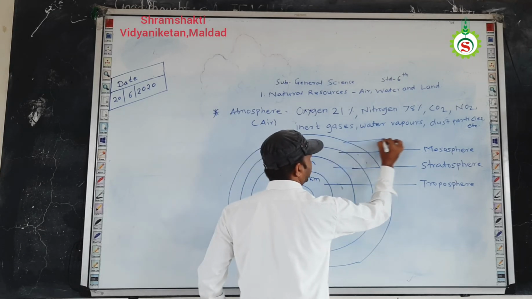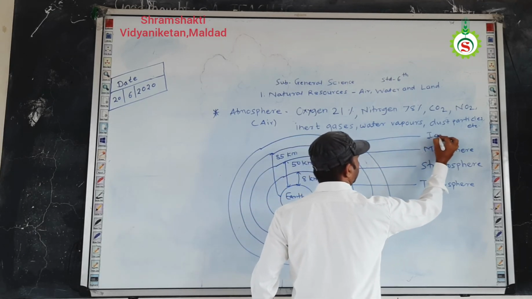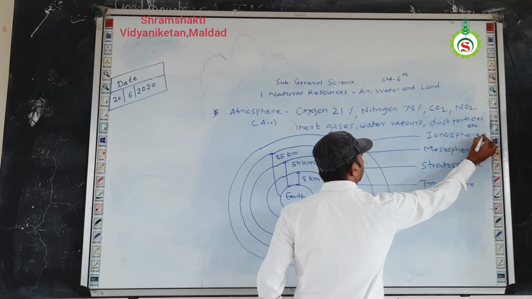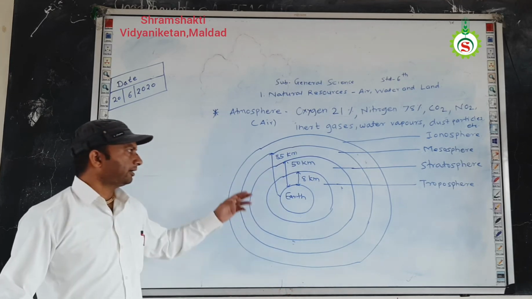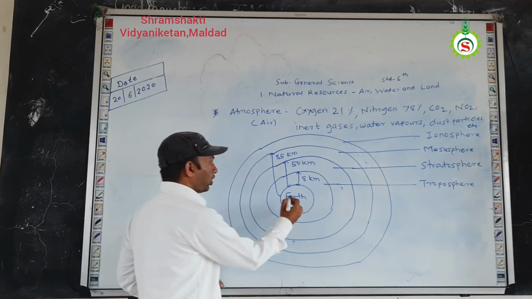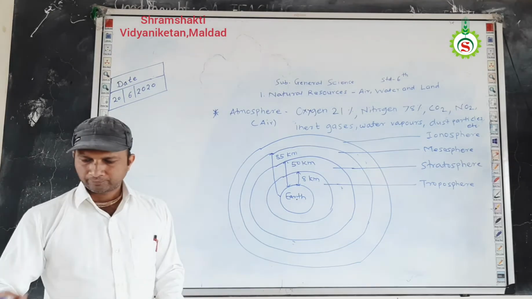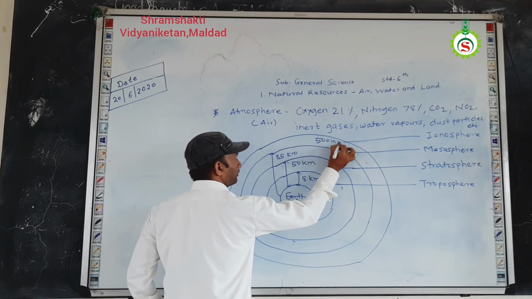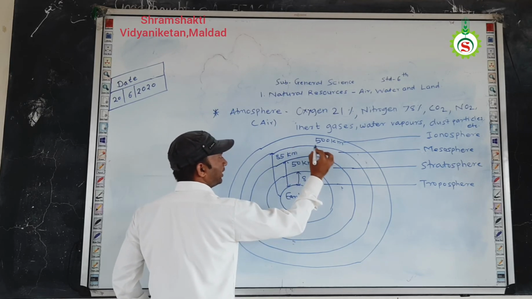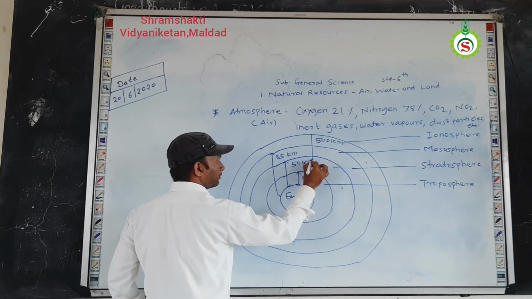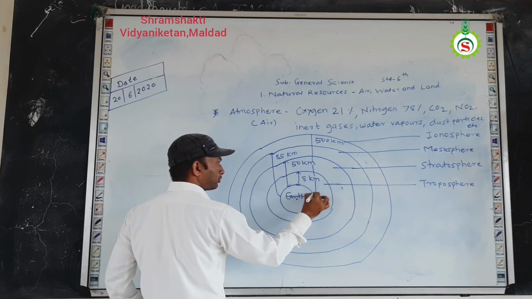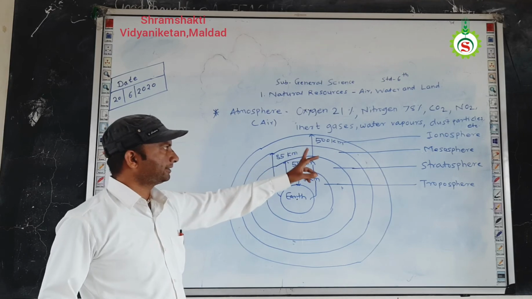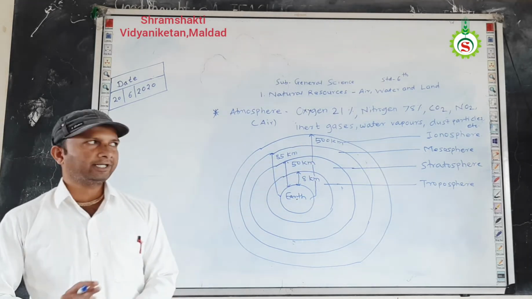It is called ionosphere. Means the layer of air from the Earth's surface up to 500 kilometers upside is called ionosphere.